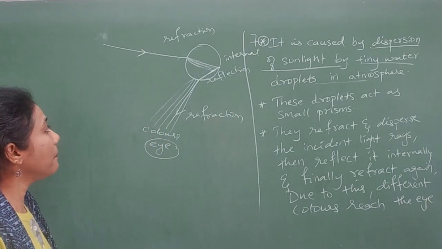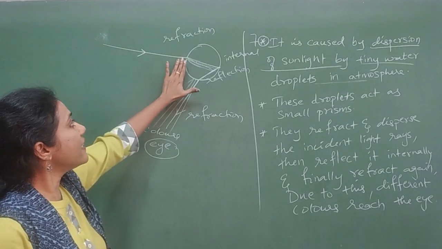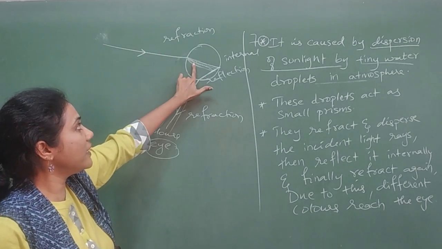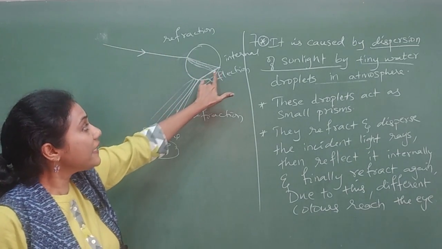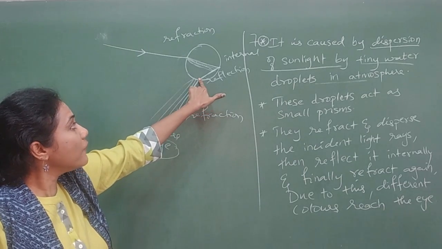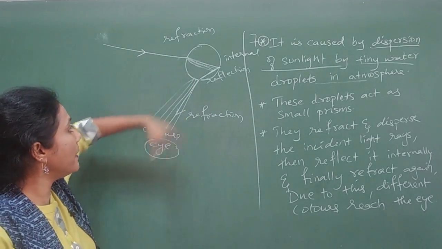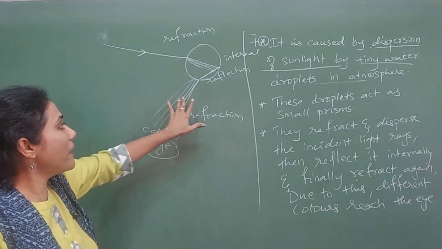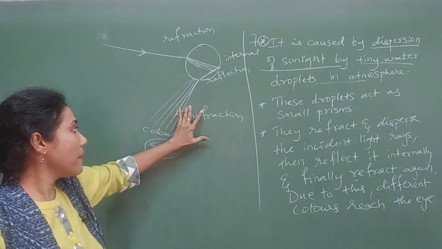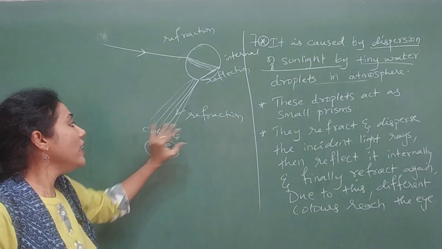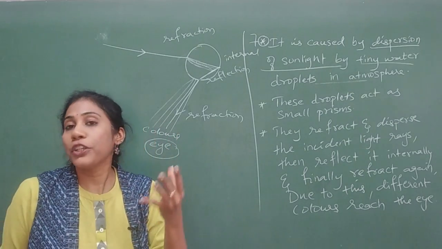So what is happening here? Sunlight, when incident on a droplet, undergoes refraction, later internal reflection, then that reflected light is again refracted outside. It is coming out and the dispersion of light also is taking place. So the different colors will appear to our human eye.